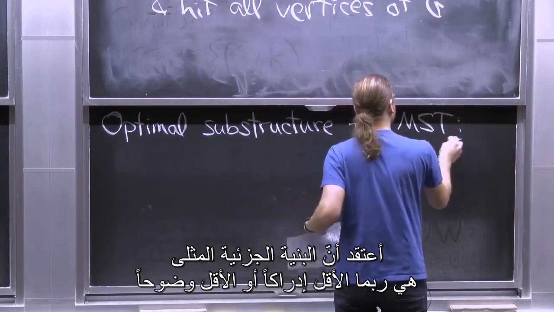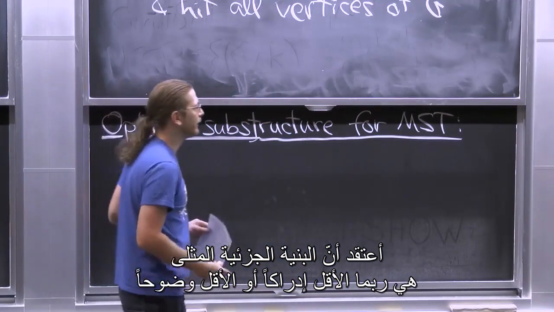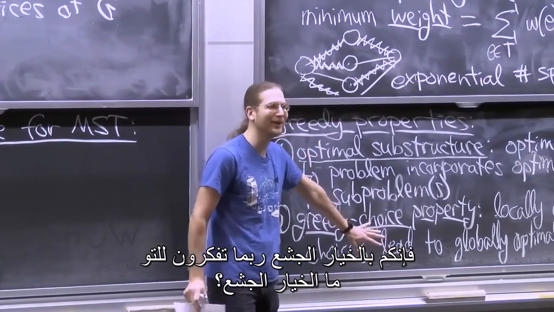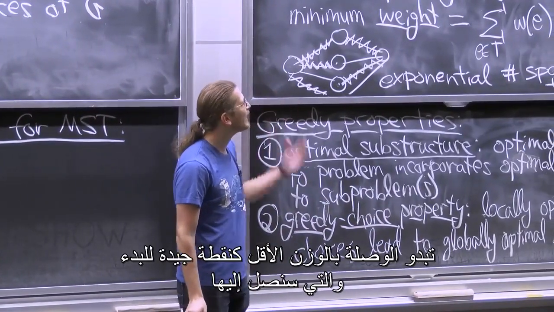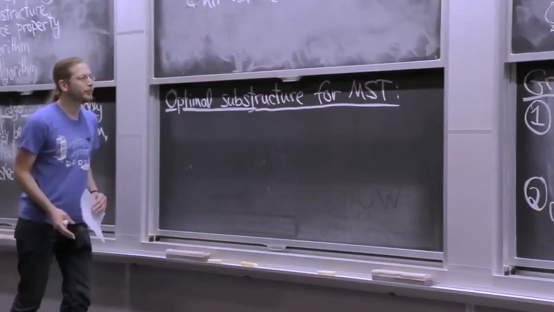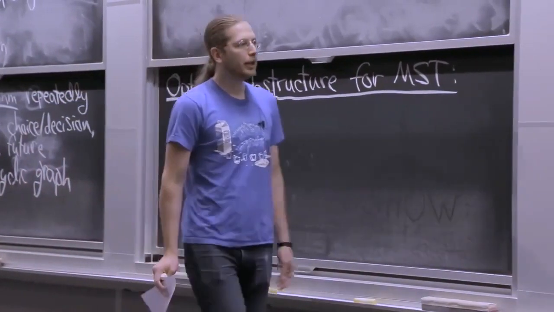Actually, I guess optimal substructure is probably the least intuitive, or the least obvious. Greedy choice, you're probably already thinking what a good greedy choice is. Minimum weight edge seems like a good starting point, which we will get to. But there's even a stronger version of that, which we will prove.